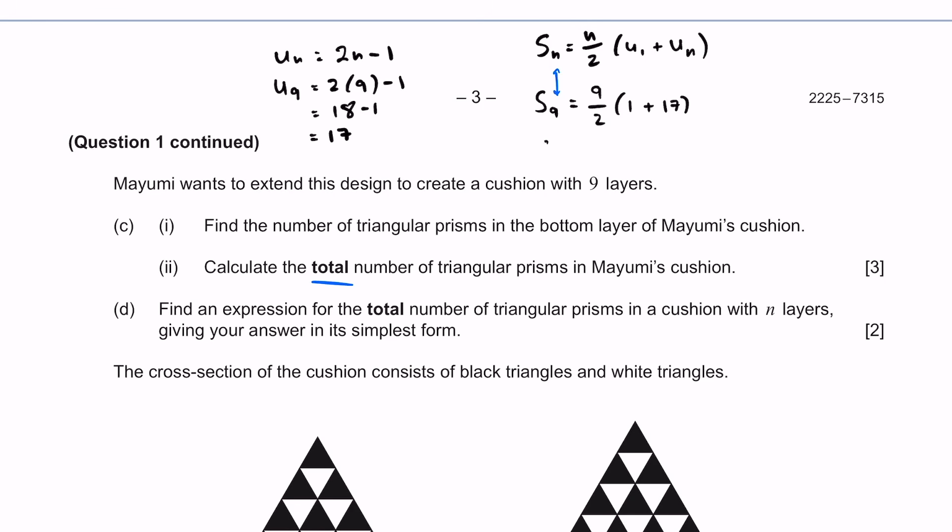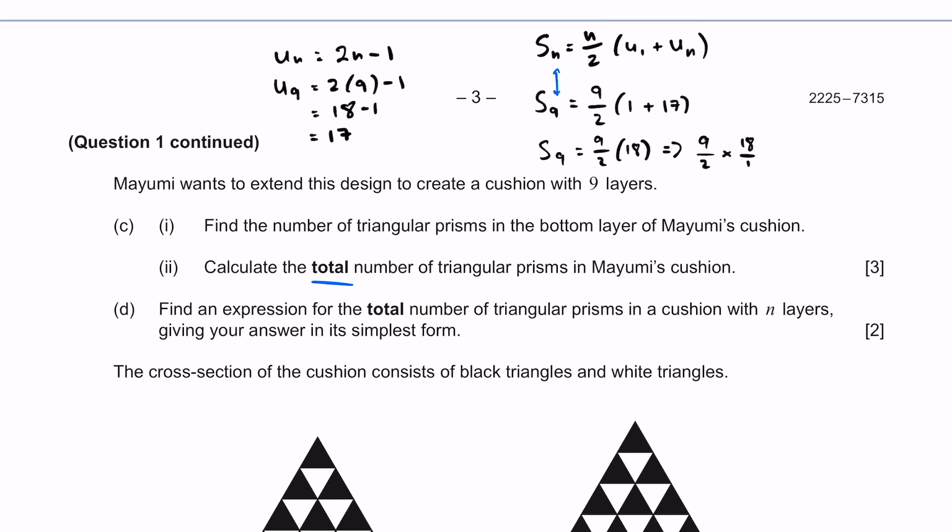Okay, let's go on and complete this. Let's write this out. 9 over 2, and then 1 plus 17 is going to be 18. I'm going to write this horizontally just because I'm running out of space. Usually, I don't really like to so much. But if we have 9 over 2 times 18, I hope this isn't too much of a stretch, but we can say 9 over 2 times 18 over 1.